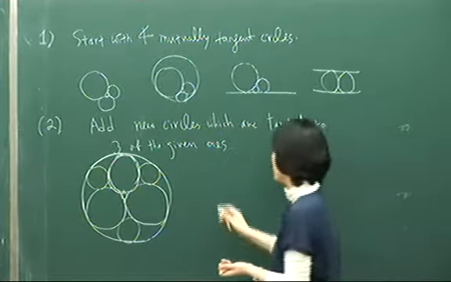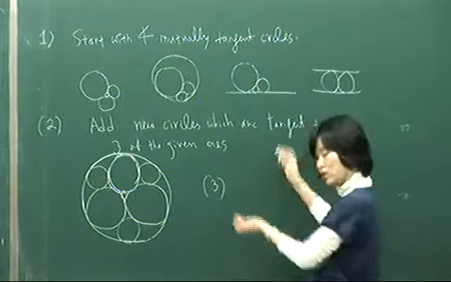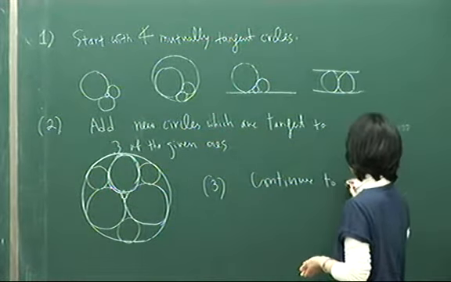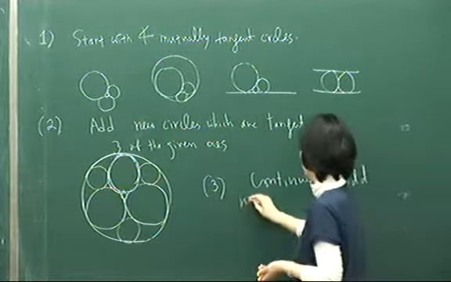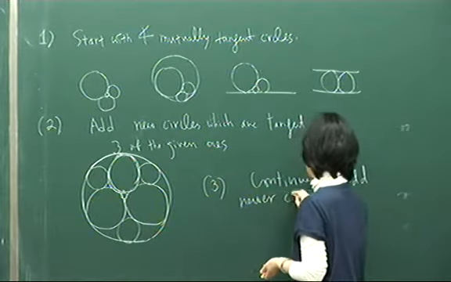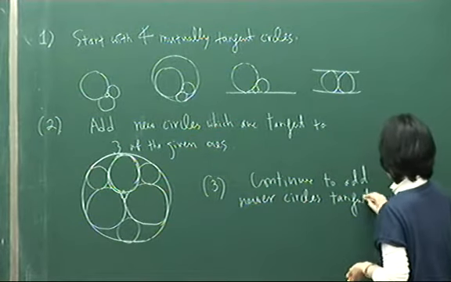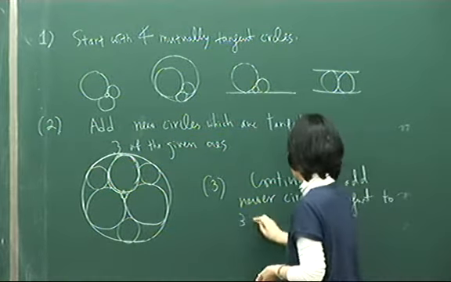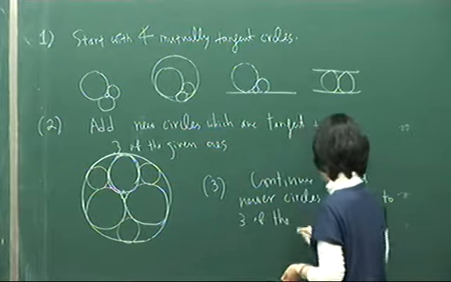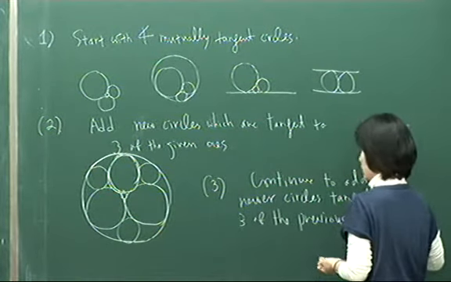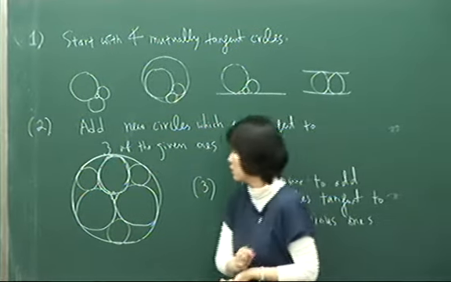Now for the 3rd generation, we just continue to do this same process. Continue to add newer circles tangent to 3 of the previous ones. Okay, so now I use the red chalk.